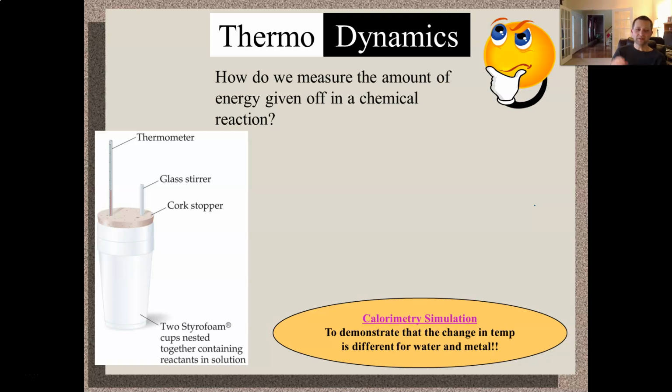So what you can do is you can take the temperature of the water. So that's what we usually have in here. Okay, so here we go. We have some water in here. All right. And we could take a piece of metal, like that's hot or cold, and drop it in and see what happens to the temperature. So if you dropped a hot piece of metal in here, the hot piece of metal would cool down and the water would heat up.